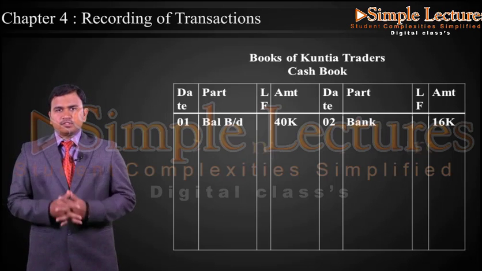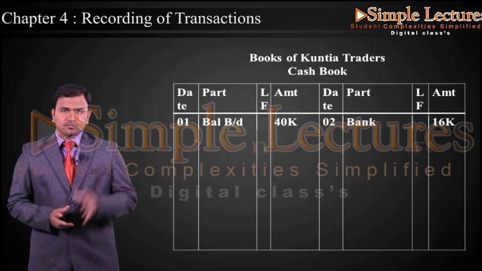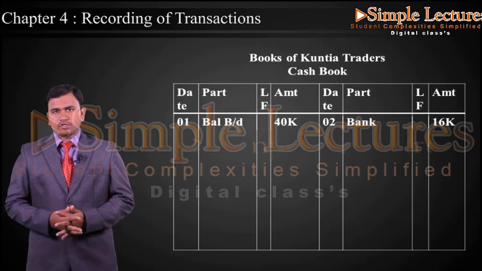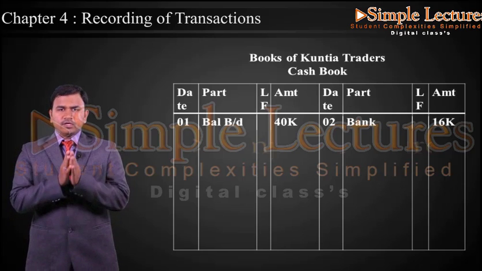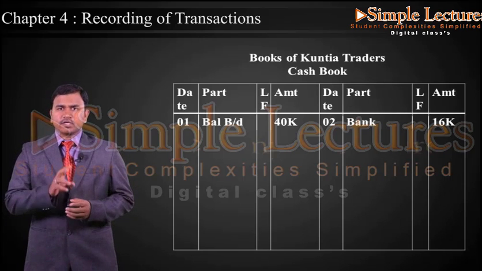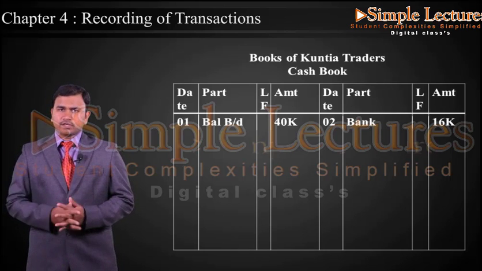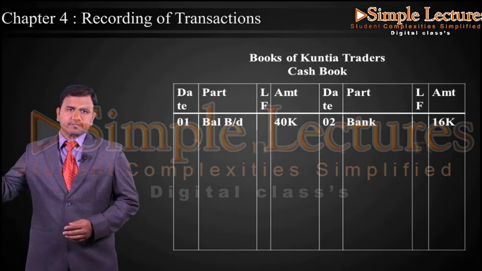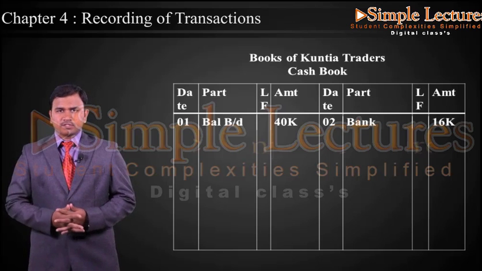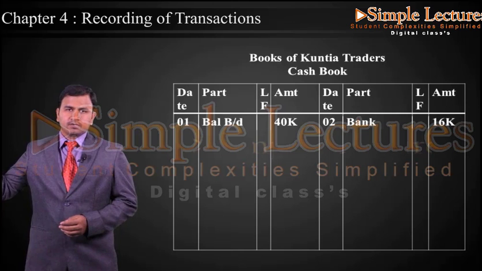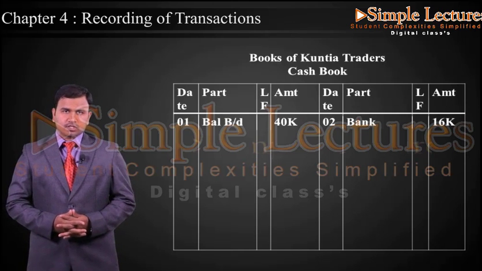But the basic point we are going to consider here is what is coming inside and what is going outside, what is receipt and what is payment. Deposited in bank means the cash is going outside the organization, which should be taken on the credit side. So let us take the date first on the credit side, September 2nd 2005, and the entry will be by bank account in the amount column 16,000.